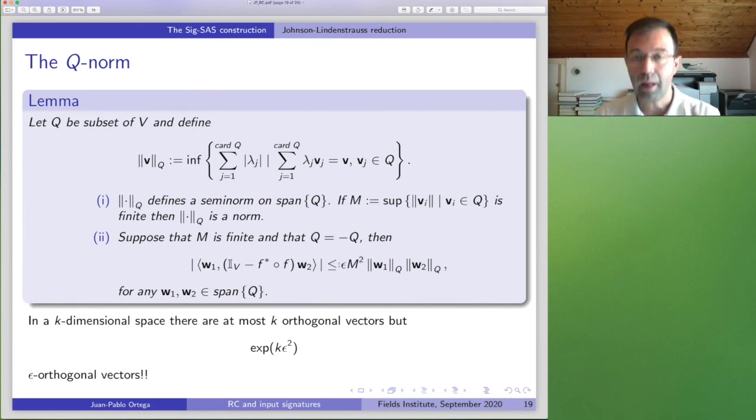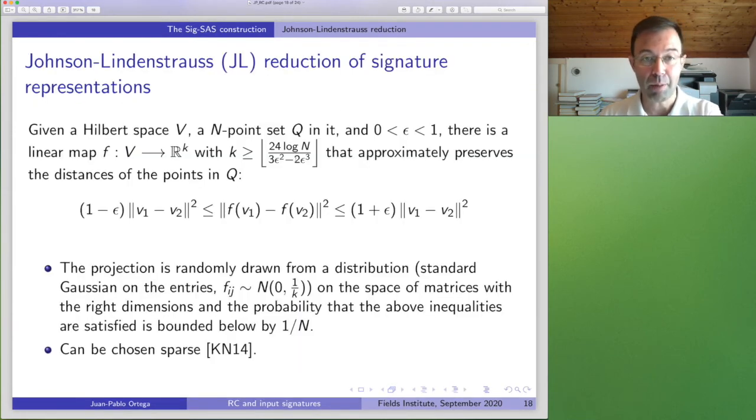Which is ultimately a translation of the fact that in a k-dimensional space, you have at most k orthogonal vectors. So what this is telling us is that if you are going for not orthogonality, but for epsilon orthogonality, what you may have is not k orthogonal vectors, but exponential of k epsilon squared. All I'm doing is undoing this relation here.